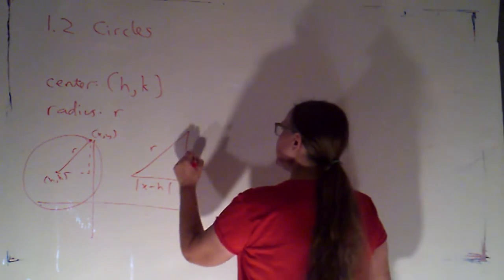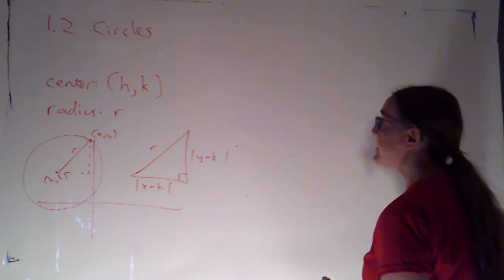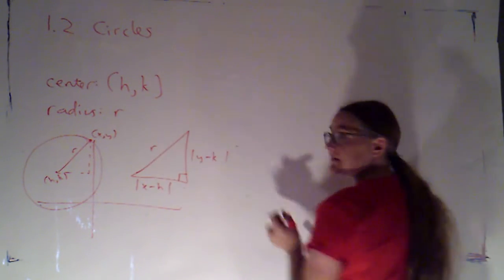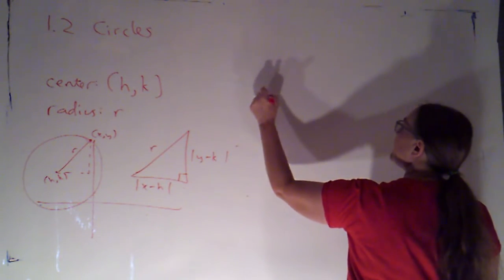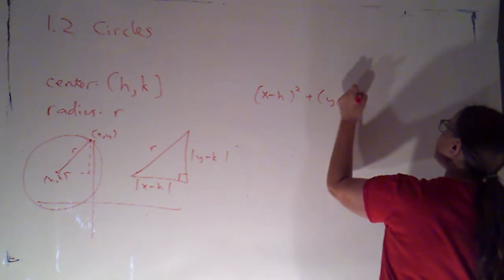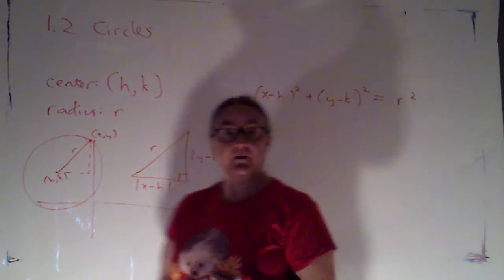This leg would be the absolute value of y minus k. And when I apply the Pythagorean theorem, this squared plus this squared is this squared. So that's going to become x minus h squared plus y minus k squared is equal to the radius squared.